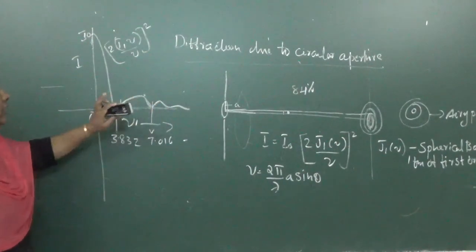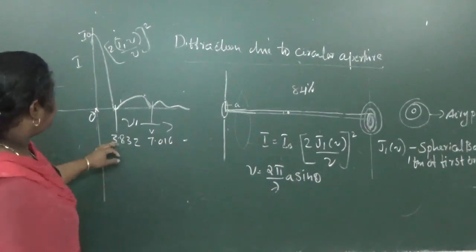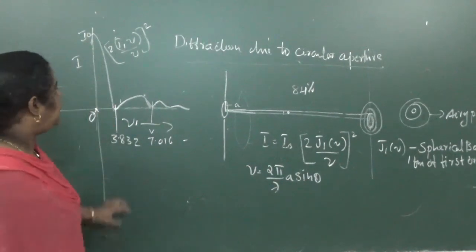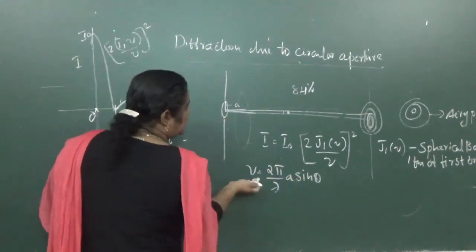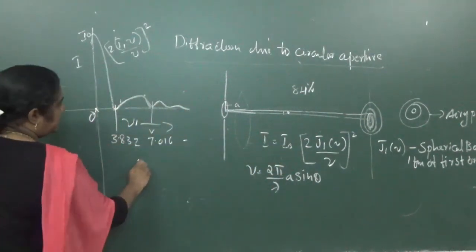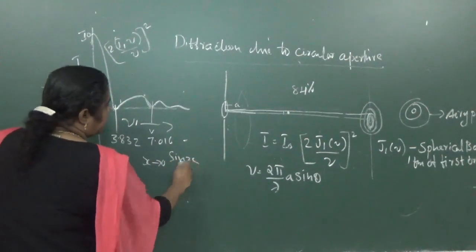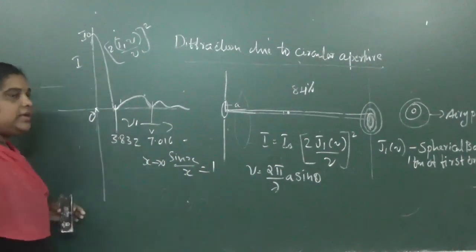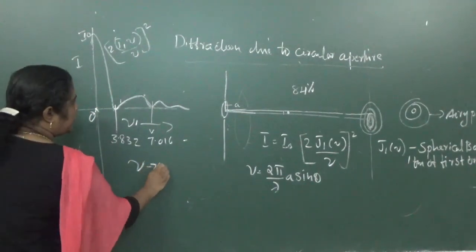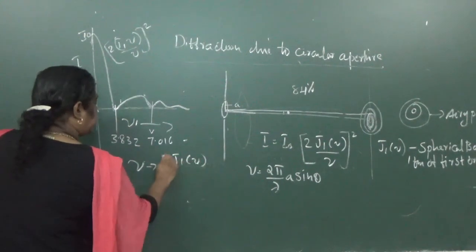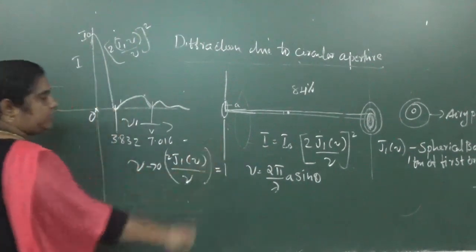This thing you have to do. Sometimes they will ask an essay from this part. But here, why is this? When theta is equal to 0, nu is equal to 0. Similarly, we know that when x tends to 0, sin x by x is equal to 1. Similarly, in this function also, when nu tends to 0, 2 J1 nu by nu is equal to 1.